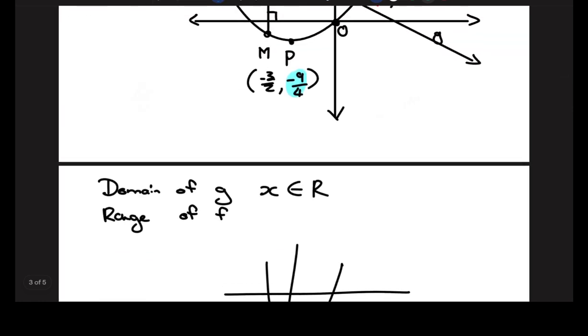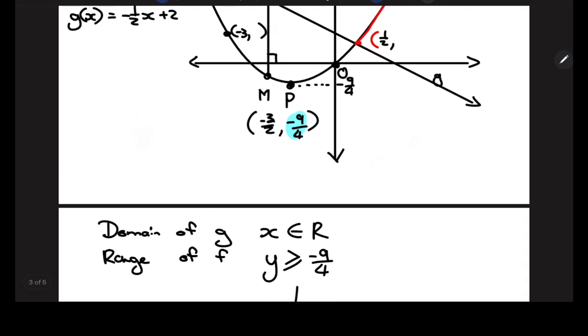So how do we write it? We're going to say y, it's range, y is greater than or equal to negative 9 over 4, because it's greater than or equal. And why is it equal? Because it turns on that y value here, which is negative 9 over 4. So it's anything above the negative 9 over 4.